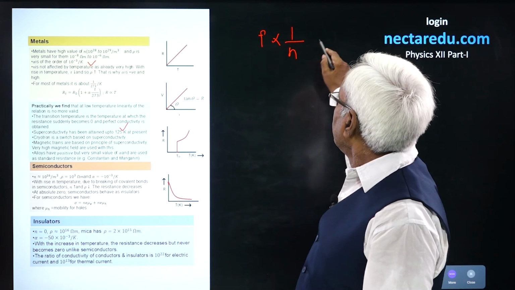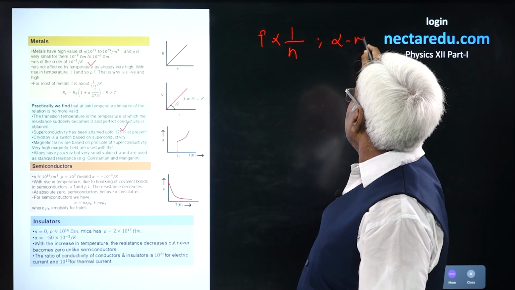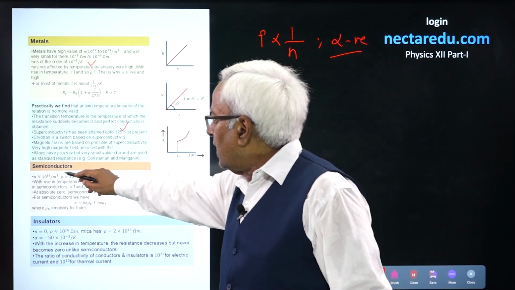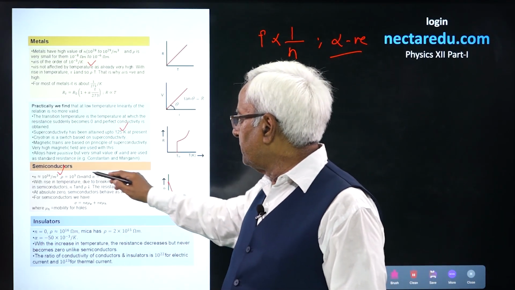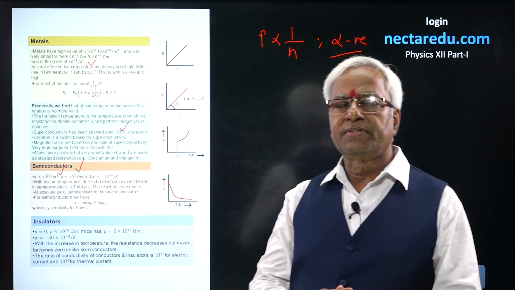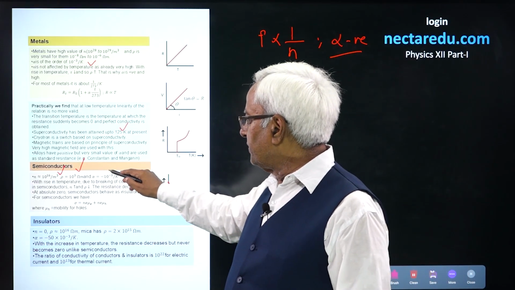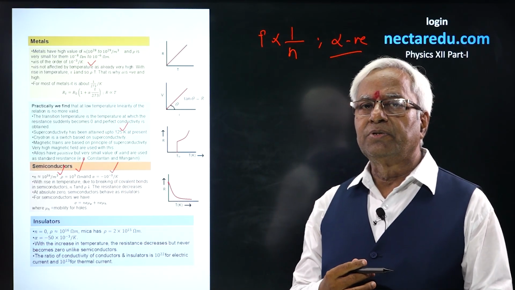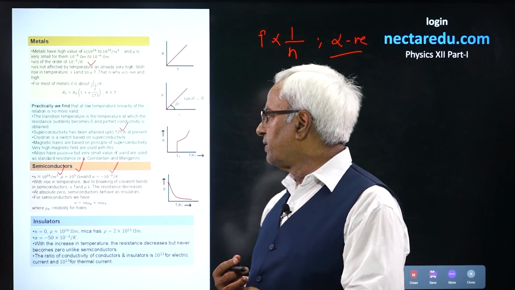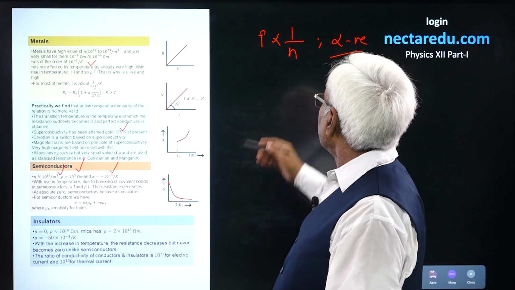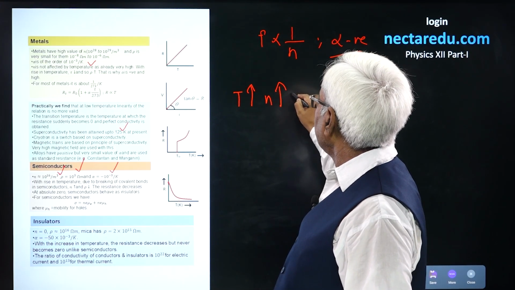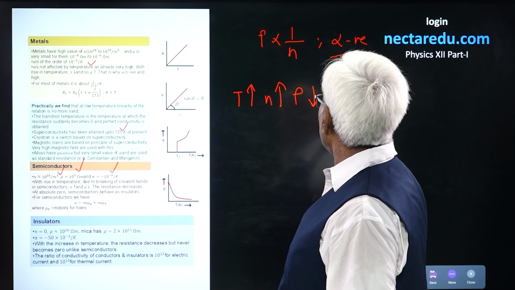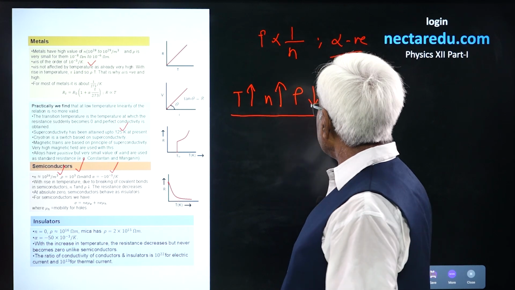That's why it is said that alpha is negative. The values are: electron density of the order of 10^16 per meter cube, specific resistance 10^3, and alpha is minus 10^-3 per Kelvin. Temperature increases, N increases, rho decreases, so alpha is negative.